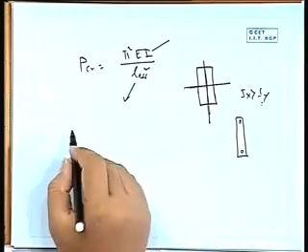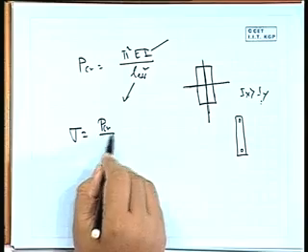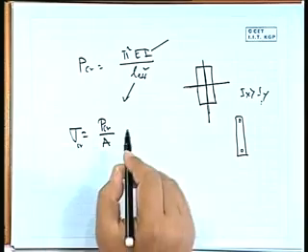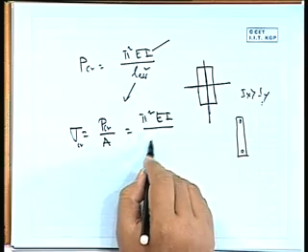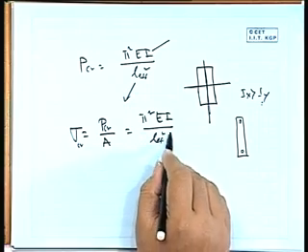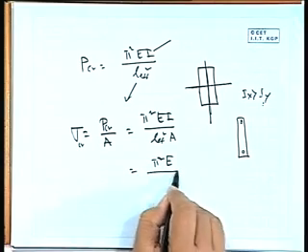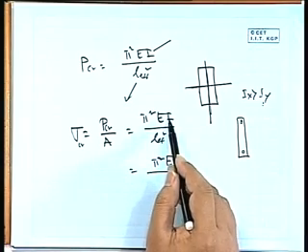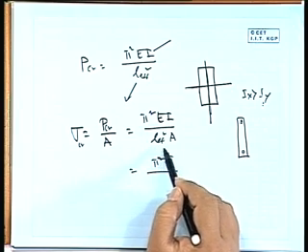And in the form of stress, if we write, this is one of the familiar forms, stress will be P critical by A. So it will be pi square EI by L effective square, and here A. Now it is pi square E. Now this I, if we take it below, I will come here.